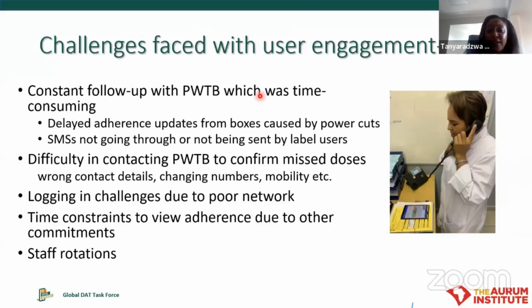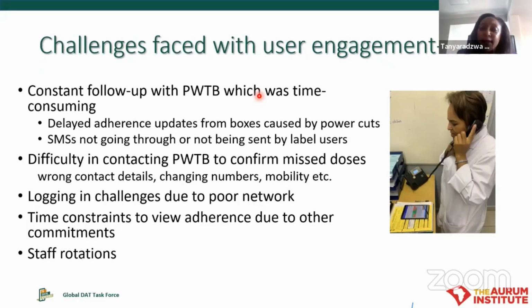There were also difficulties in contacting people with TB to confirm missed doses, because once there is non-adherence, the healthcare worker would follow up with the participants to get an explanation. If there was a reasonable explanation, for example, a participant reported that they left the box behind because they feared stigma when traveling, but they took the medication blister packs and were adherent, healthcare workers were able to manually confirm these doses.